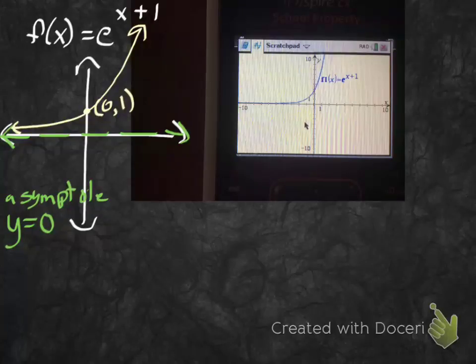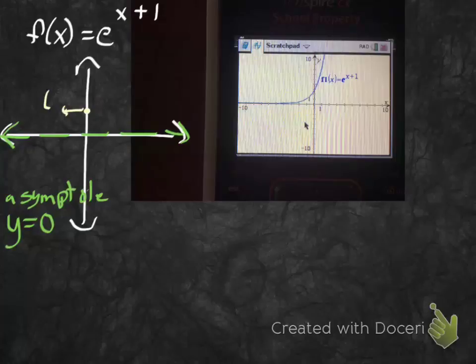We have a plus 1. So what did that actually do? It moved it back 1, to the left 1. So instead of going through 0, 1, this function is going to go through negative 1, 1.